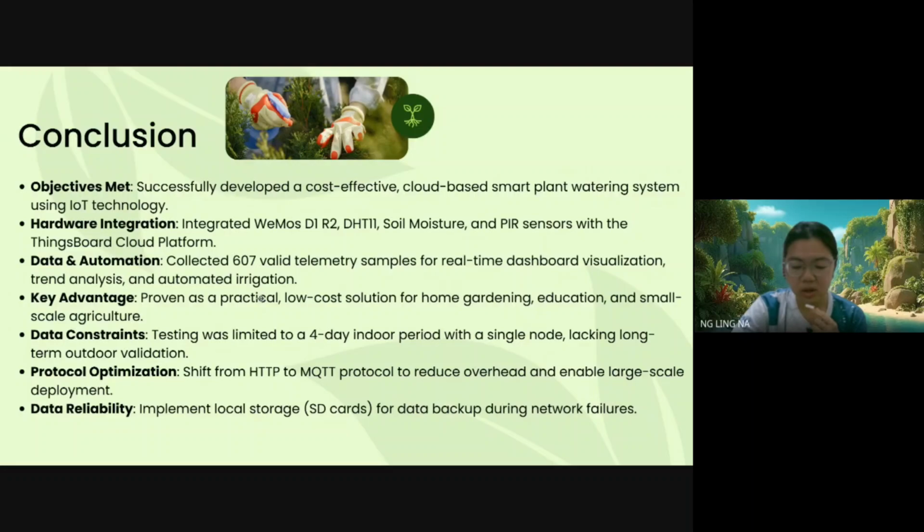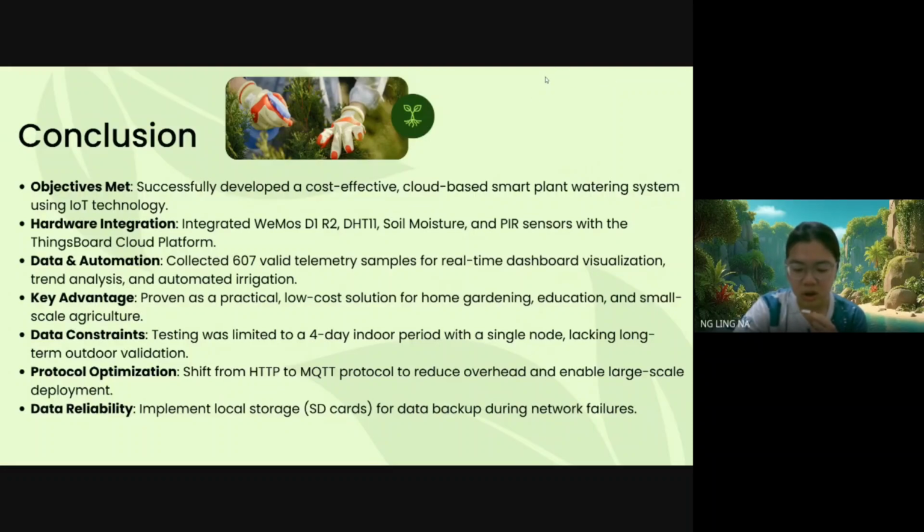The main contribution of this project is proving that effective smart irrigation is possible without costly industrial equipment. We created a full hardware to software architecture using a simple HTTP protocol, providing a practical reference and foundation for future IoT research.